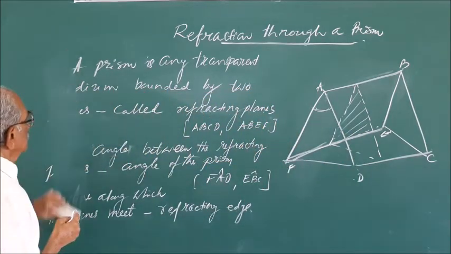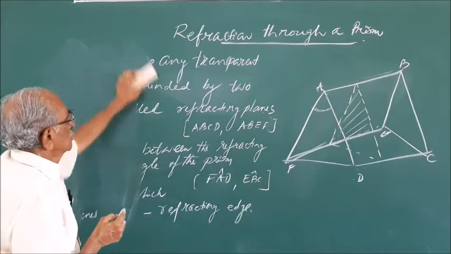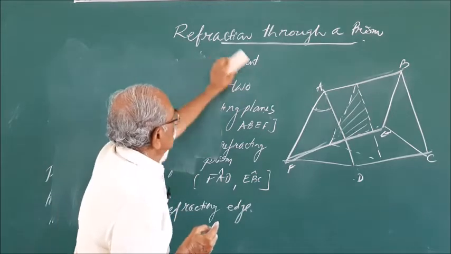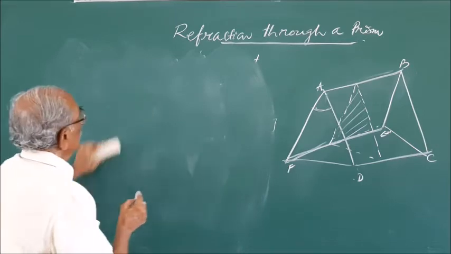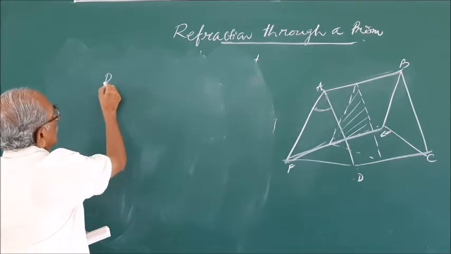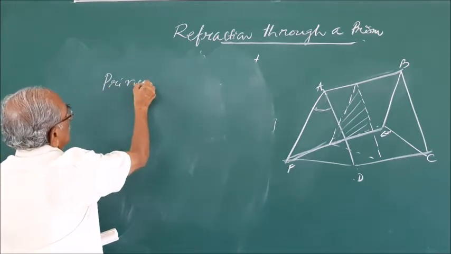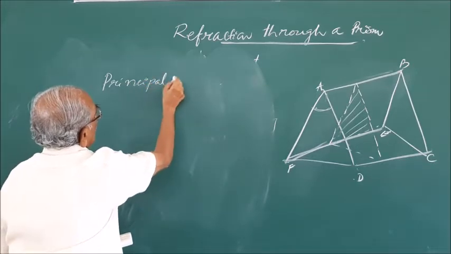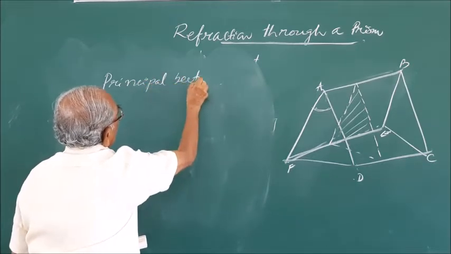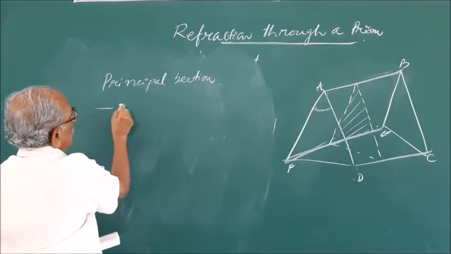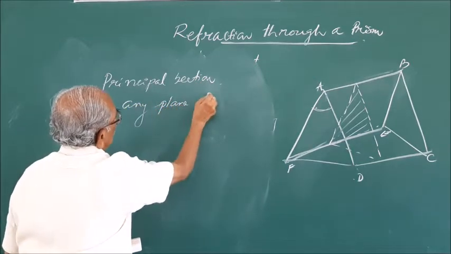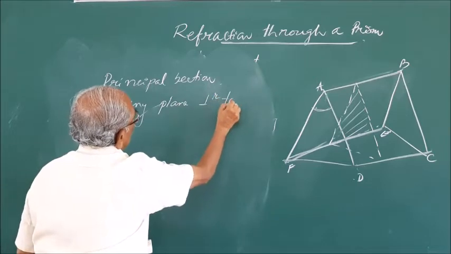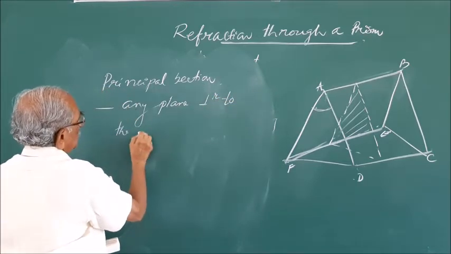The principal section is any plane of the prism perpendicular to the refracting edge.